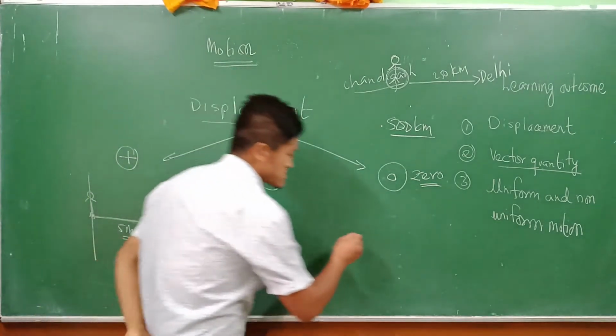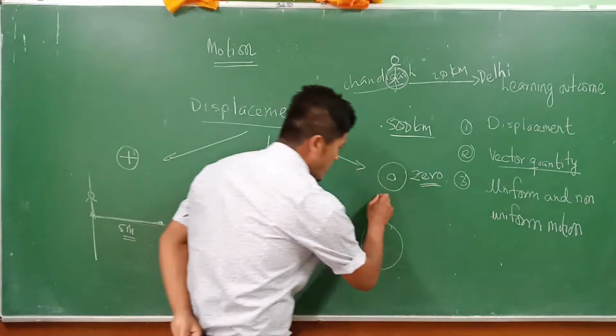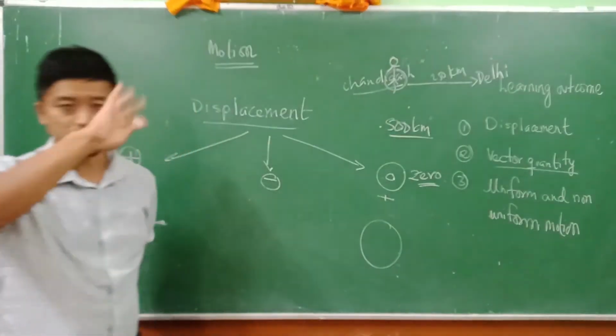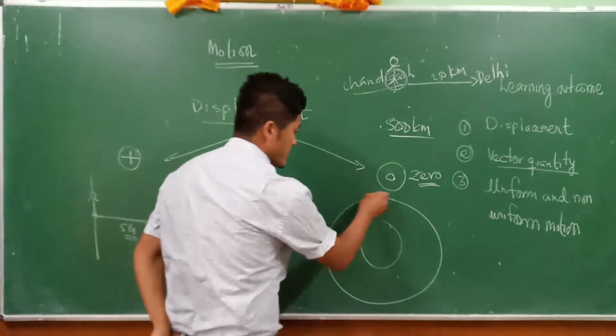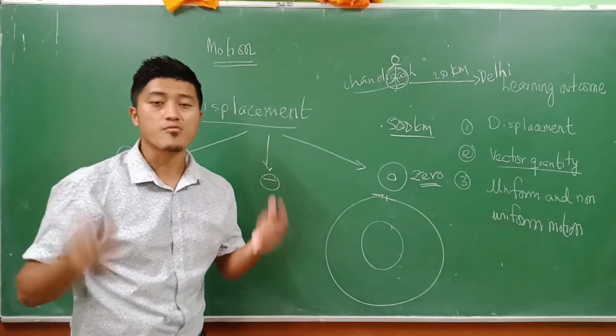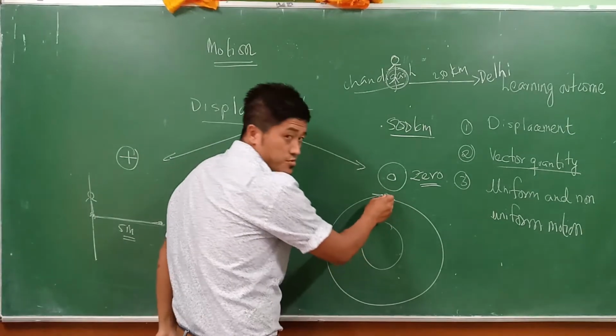Similarly, there is another case over here. For example, this is the Earth, and we have many different kinds of satellites up in space, right? And these satellites revolve around the Earth, thereby giving us so much information. Now this is the starting position, that is the initial position.